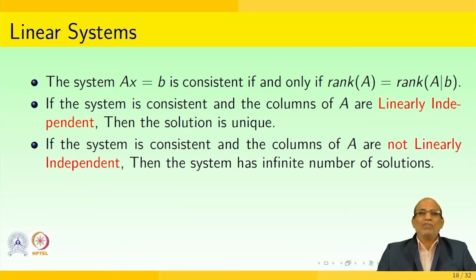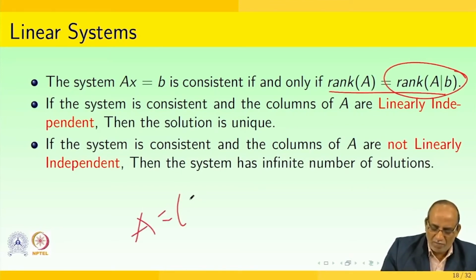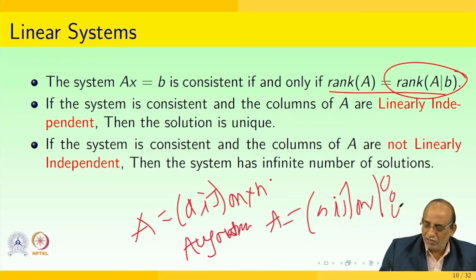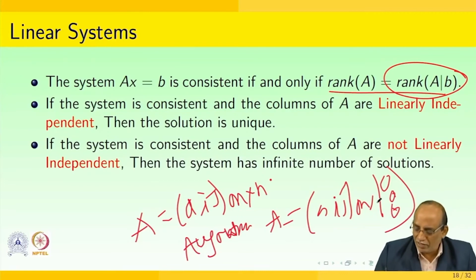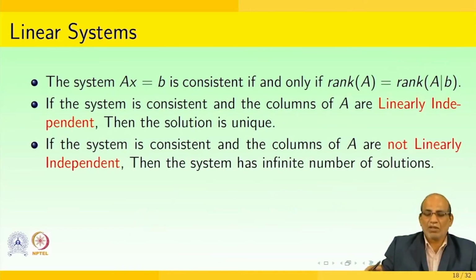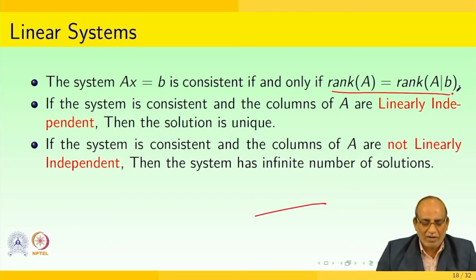The system Ax is equal to b is consistent, that means there exists a solution, if and only if the rank of A is equal to the rank of the augmented matrix. Suppose A is the matrix a_ij of size m by n; the augmented matrix is A with the right side vector as an additional column, maybe zeros or non-zeros or whatever. That is what we call the augmented matrix.